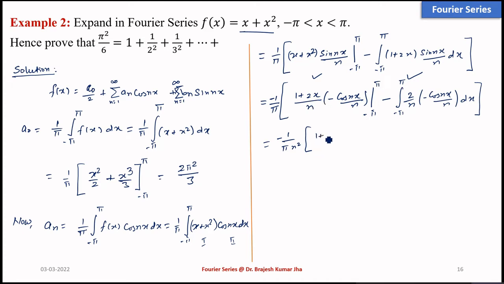So it is 1 plus 2 pi, and that we have taken earlier, and it is going to be cos n pi, minus 1 minus 2 pi and cos n pi. See, if we talk about this integration, you know cos nx is an even function, so directly I could write 0 here.